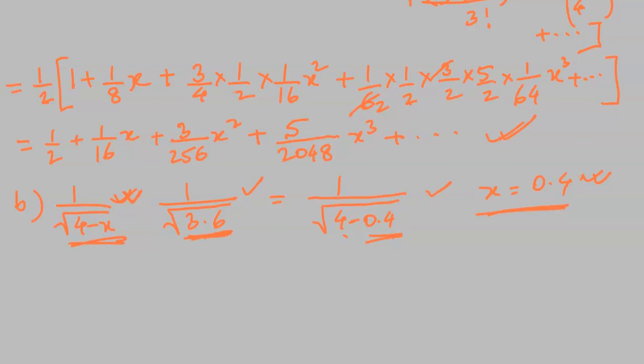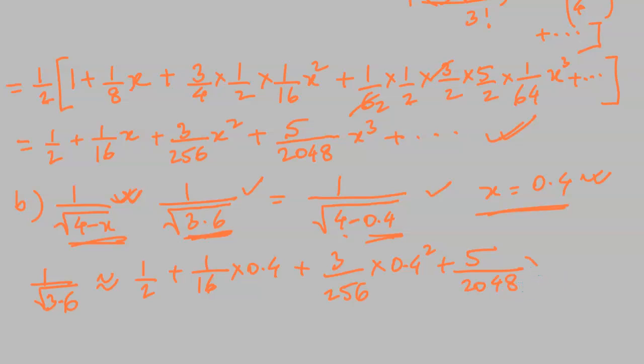So half remains, so let us write this: 1 over under root 3.6 is approximately equal to half plus 1 over 16 times 0.4 plus 3 over 256 times 0.4 square plus 5 over 2048 times 0.4 raised to the power of 3.